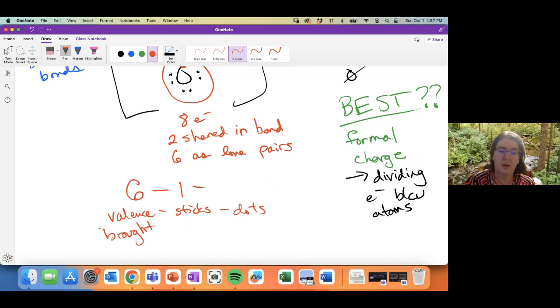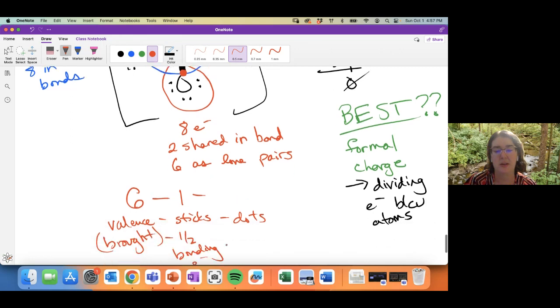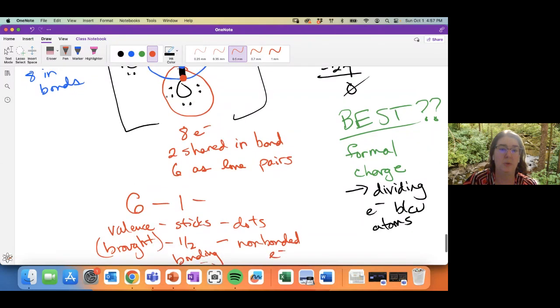This is also your valence electrons minus, technically, half of the bonding electrons. Again, there are 2 electrons in the bond, and you only count 1 of them. Minus dots, or minus all of your non-bonded electrons. For oxygen, that's 1, 2, 3, 4, 5, 6.